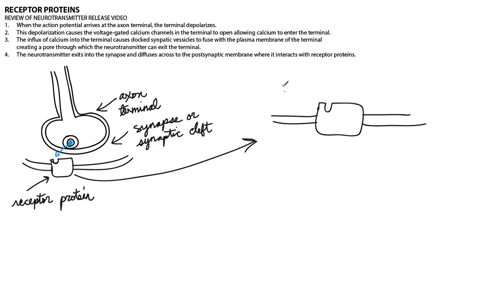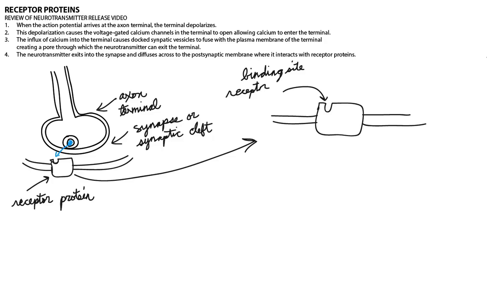Something that's important for us to note, though, is that there will be a spot, which I've represented as this indentation down here, where the neurotransmitter can actually physically interact with the receptor protein. And this particular location is sometimes referred to as the binding site, or it could be called the receptor site. So we'll use those names interchangeably.